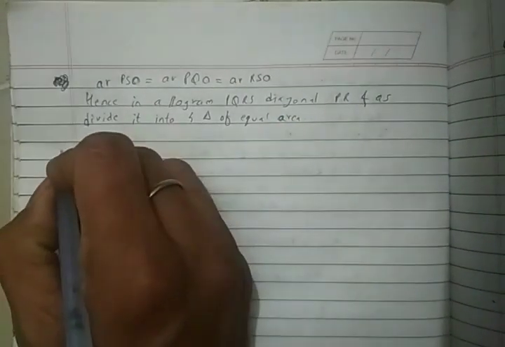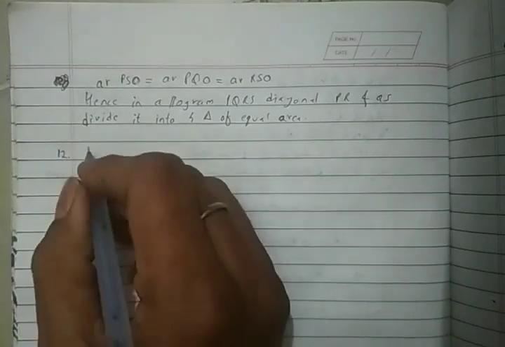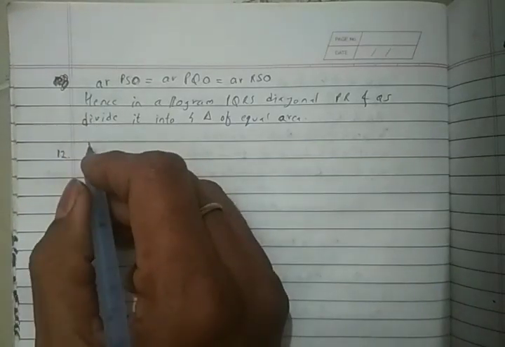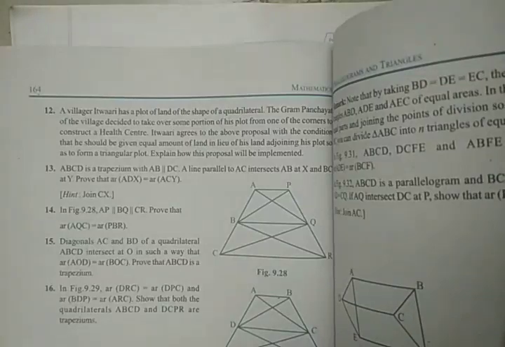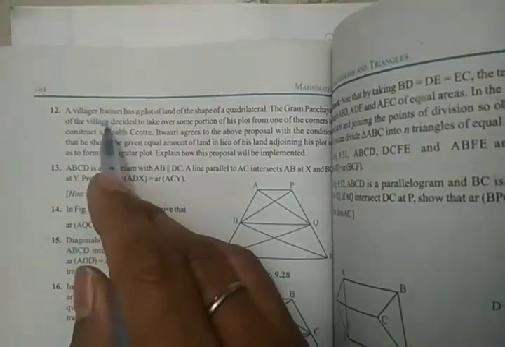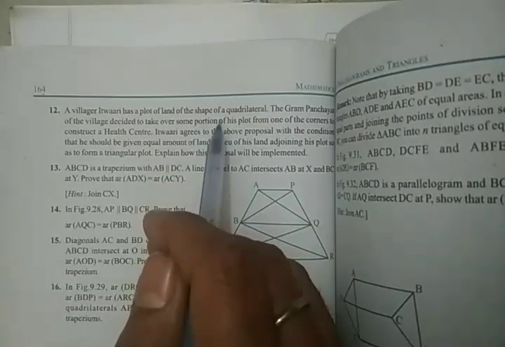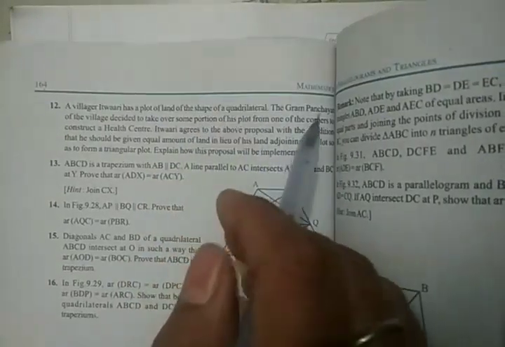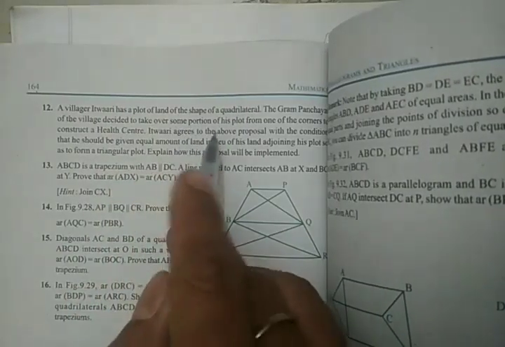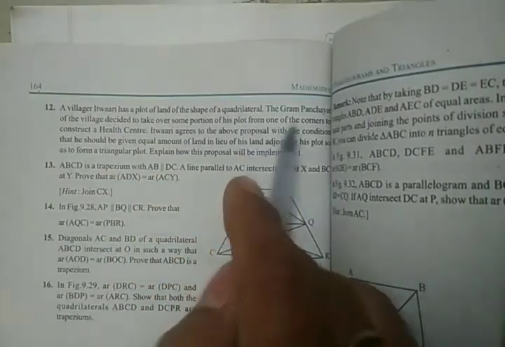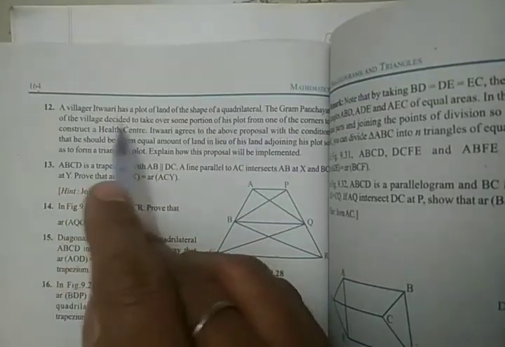Now let's solve question number 12. It says that a villager Itwari has a plot of land of the shape of a quadrilateral. The Gram Panchayat of the village decided to take over some portion of his plot from one of the corners to construct a health center.